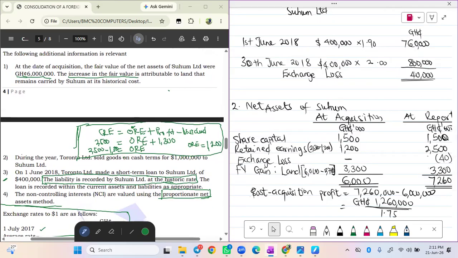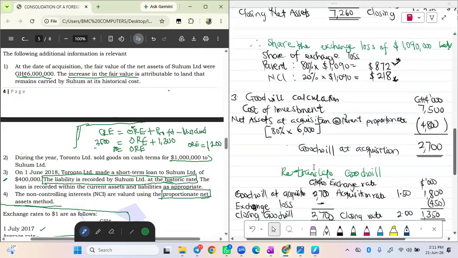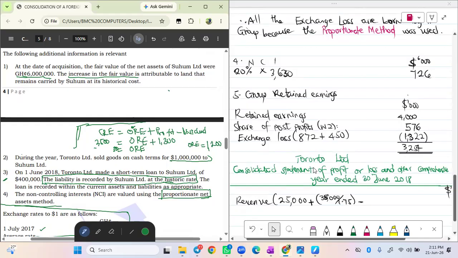So there was an intragroup transaction. During the year, Toronto sold goods on cash terms for $1 million to Suhum. And you know this one is an intragroup transaction. Parent is selling to subsidiary. One will ask, why didn't we calculate unrealized profit?